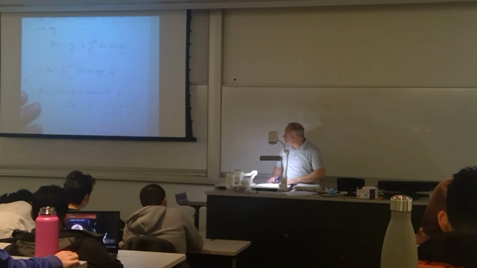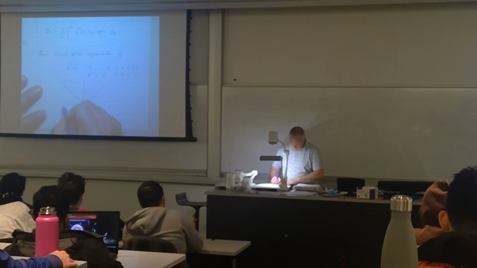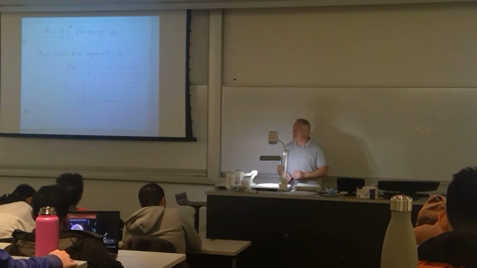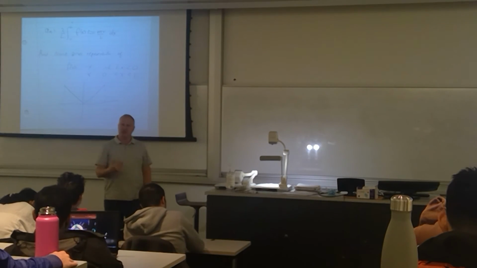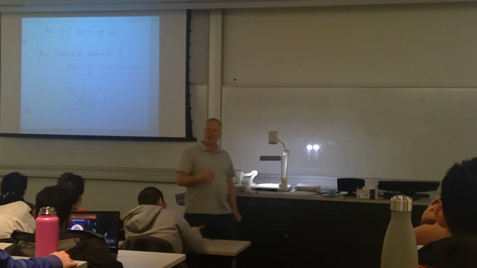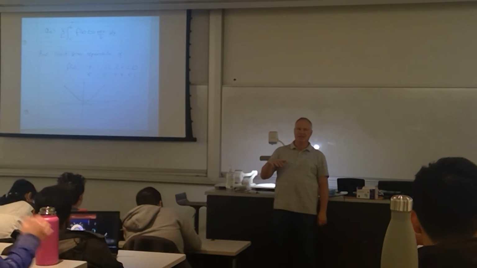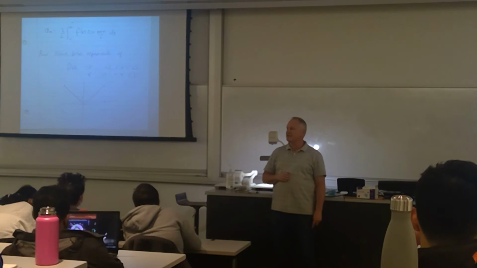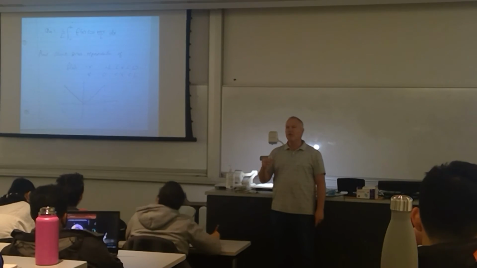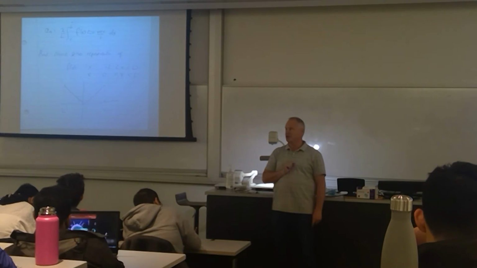In this case it's the same function on 0 to L, but now instead of making an odd extension of the function to do the sine series, I'm going to make an even extension of the function, and now I'm going to generate a cosine series. In the end, between 0 and L, they're both equally valid representations of the function.